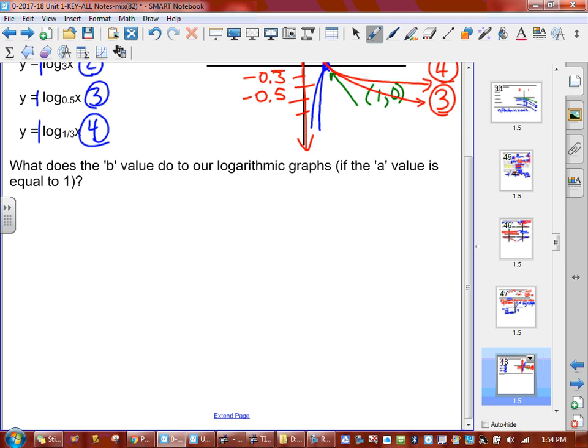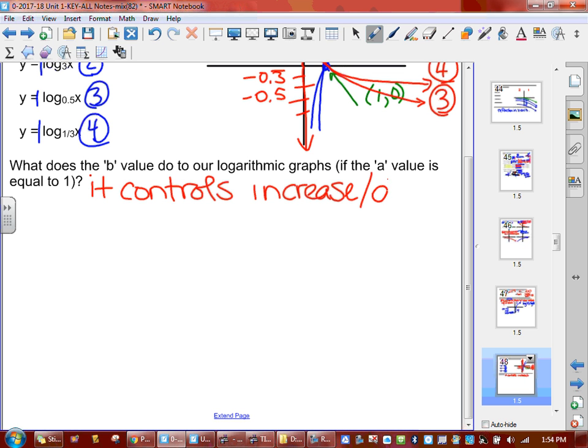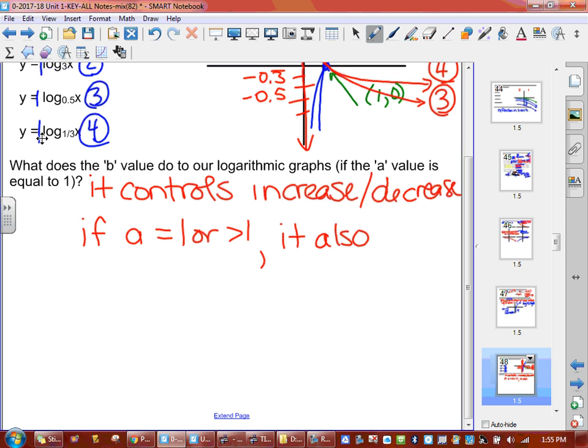Okay, after these statements, we're going to stop there today. Then it says, if a equals 1, or greater than 1, it also controls how close to the x-axis the graph is.